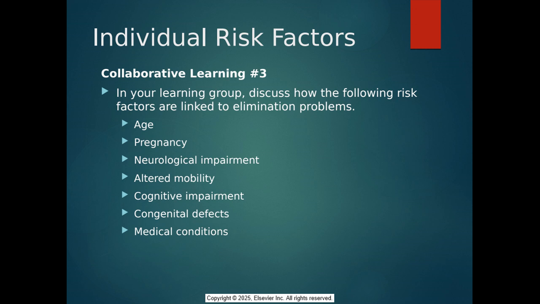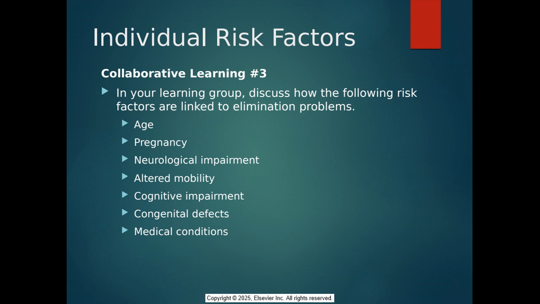So neurological impairment: folks with spinal disorders where there's no communication to the bladder to pee, quadriplegics, paraplegics, children born with spina bifida, multiple sclerosis, stroke patients. So those neurological impairments, altered mobility, patients may be wheelchair bound.